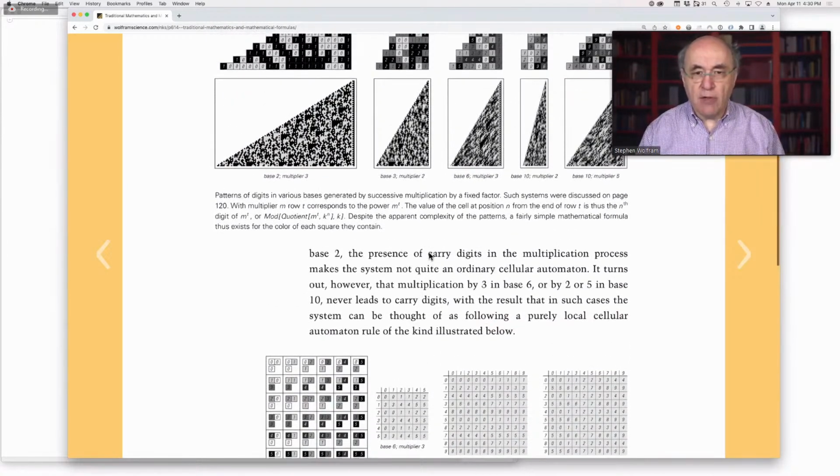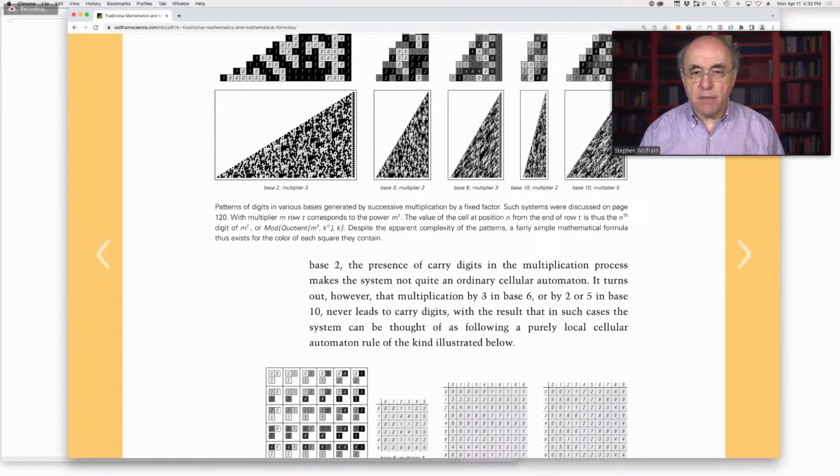So powers of 3 in base 6, even though that pattern looks kind of random, it's still the case that to know the nth row of it, it's really just a question of knowing what's 3 to the power something or other in base 6.